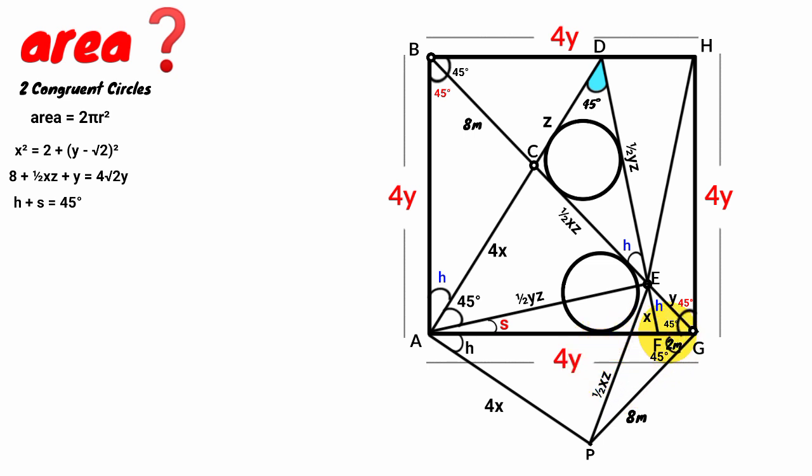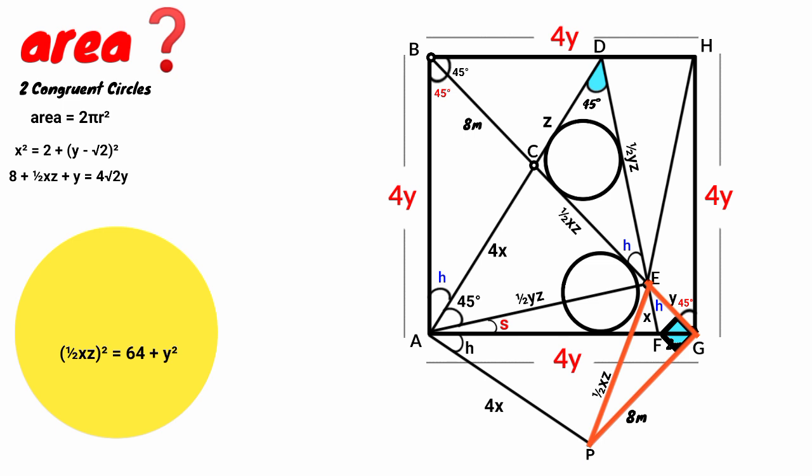Come here, this angle 45 degrees plus 45 degrees is a right angle. We look at this triangle. It is a right angle triangle. Using the Pythagorean theorem, this is the hypotenuse. So 1 over 2xc all squared equals 8 squared plus y squared. 8 squared is 64.